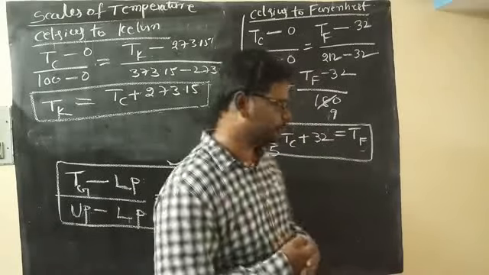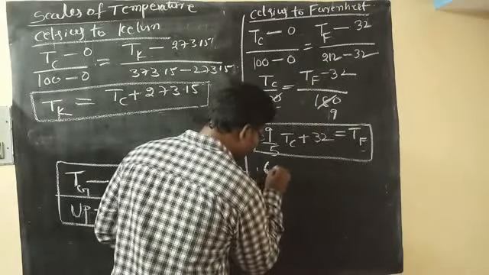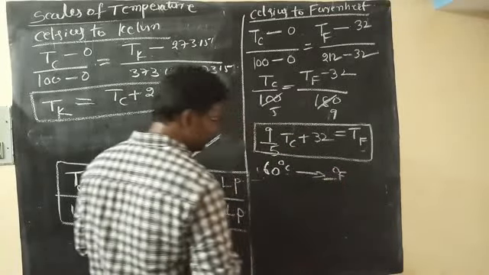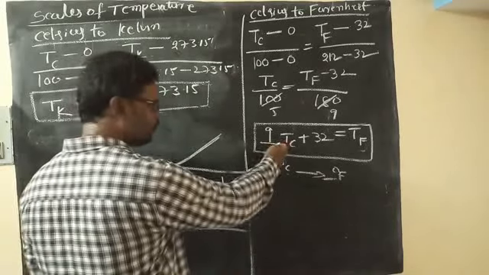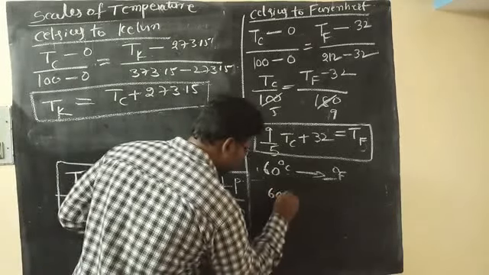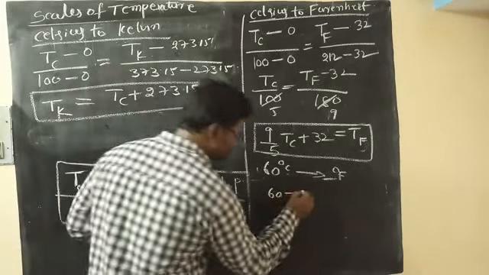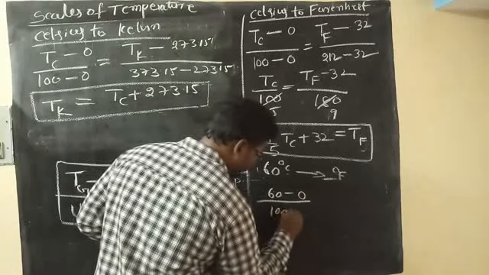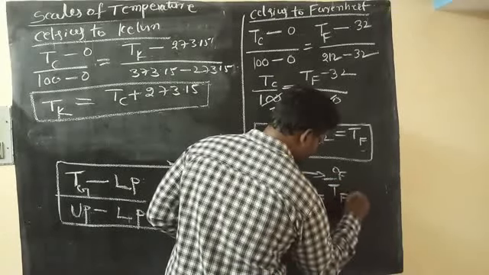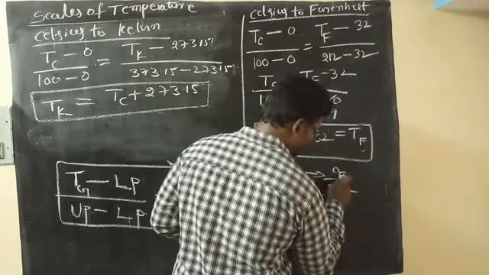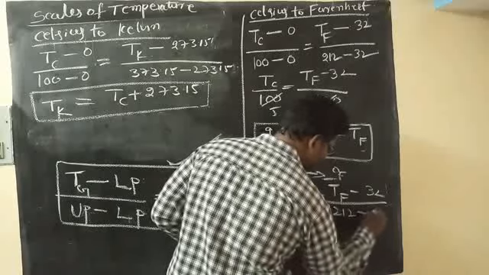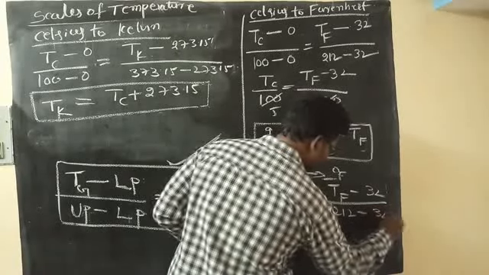Let's take an example. If you want to convert 60 degrees Celsius to Fahrenheit scale, in that case, no need to follow this formula. You just go through this. Temperature of the given scale is 60 minus lower point of Celsius scale is 0 by upper point is 100 minus lower point is 0 is equal to temperature of unknown scale is TF minus lower point of Fahrenheit scale is 32 by upper point 212 minus lower point is 32, right?